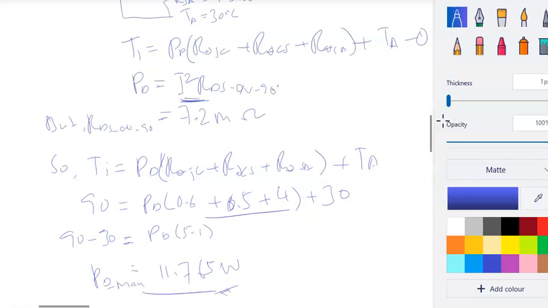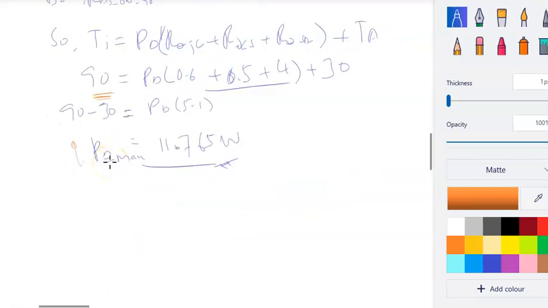It means this is the maximum dissipated power from your device such that your junction remains at 90 degrees C. If the dissipation is increased or bigger than this 11.65, your Tj will increase further. If your PD increases, what happens to Tj? Tj will also increase, and you exceed 90 degrees C. So this is your PD max.